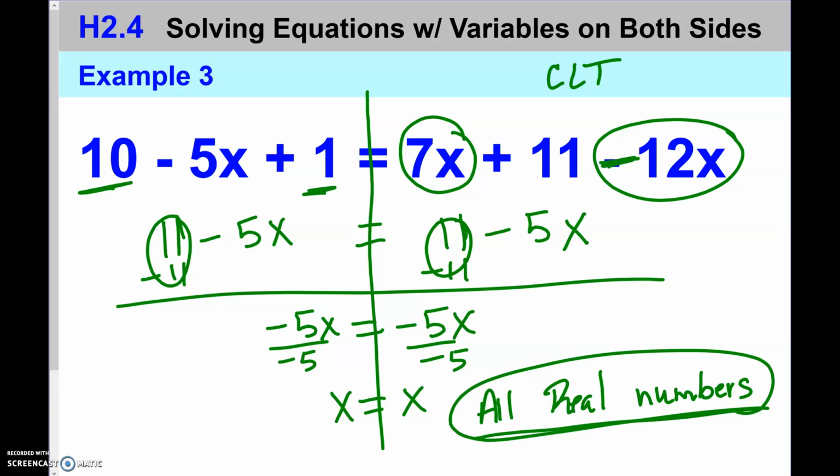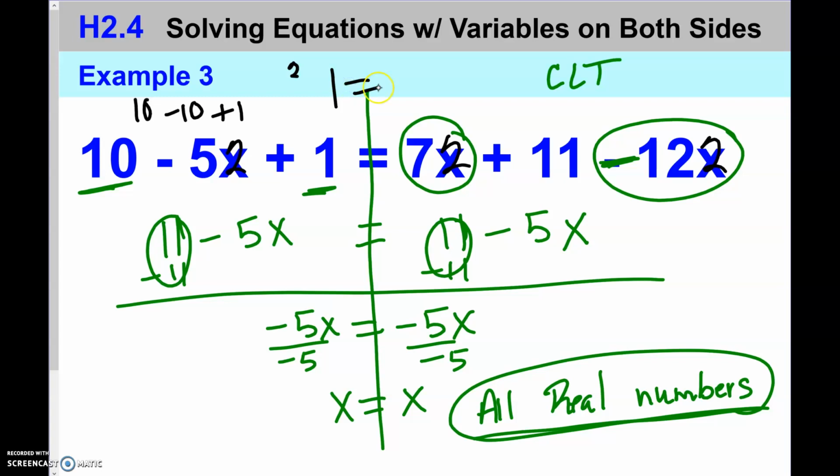So let's just pick a small number like 2. And if I put a 2 in for x, a 2 in for x, and a 2 in for x, what does that mean? It means we have 10 minus 10 plus 1. So 10 minus 10 is 0, so we end up with 1.